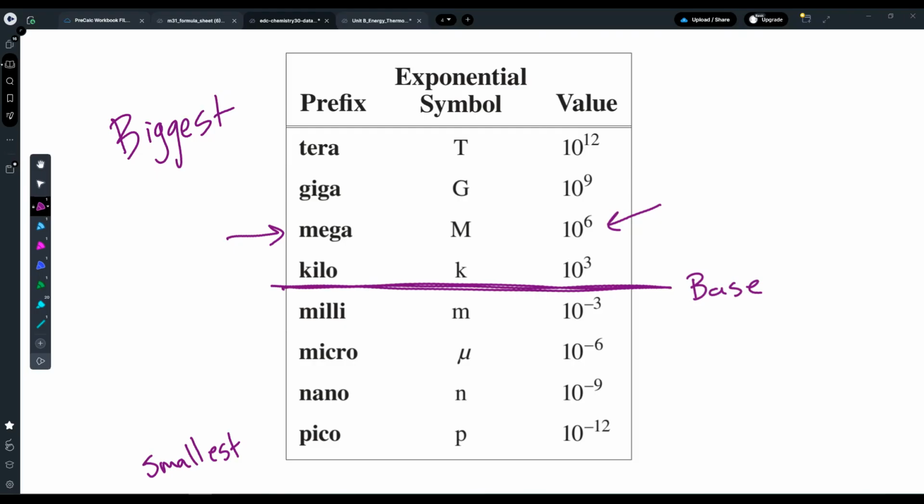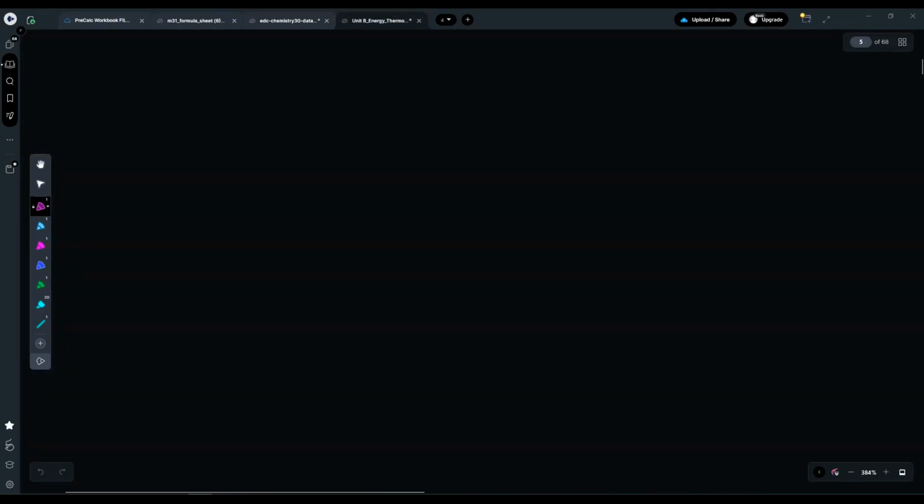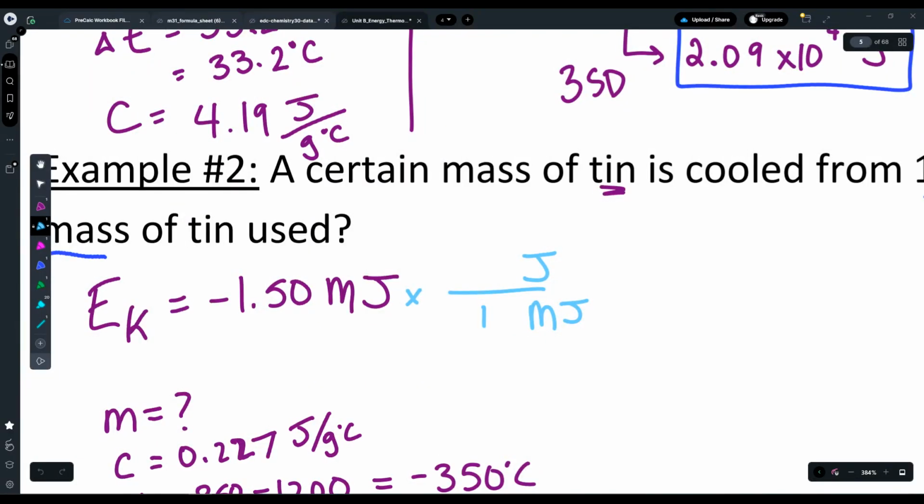That's what it's telling us here. All of these numbers are telling you how many of each of these would be in a base unit. So 1 megajoule will give us 1 times 10 to the power of 6, which is the same thing as saying 10 to the power of 6.